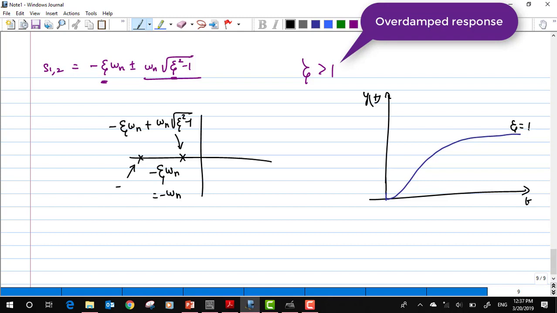Do you think steeper? Which is the dominant pole in my system in this case? The one towards the left or towards the origin? Towards the origin is the dominant one. Because of this particular pole that is dominant, the response of the system would be much slower.